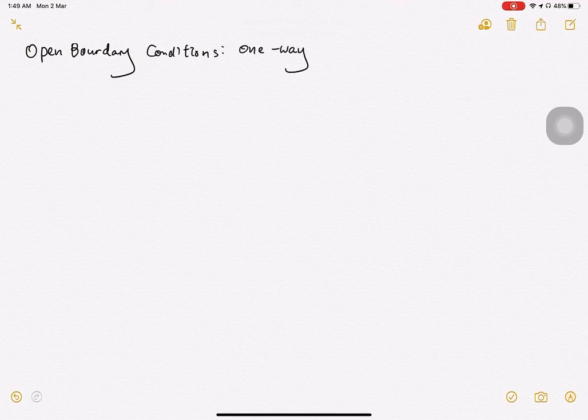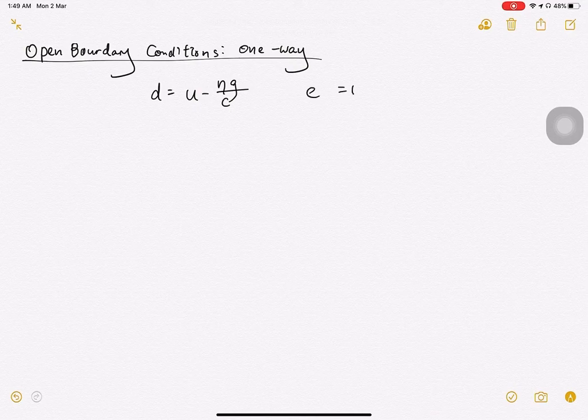And here we have D equals U minus eta G over C, and E equals U plus eta G over C.